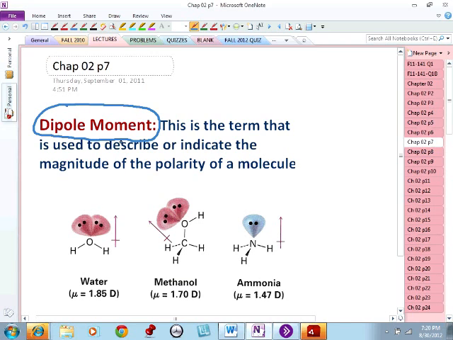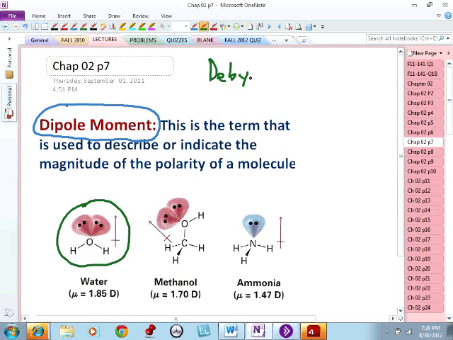For example, take a look at the water molecule. We say the water molecule has a dipole moment of 1.85 D. The D is the unit of measurement of dipole moment.